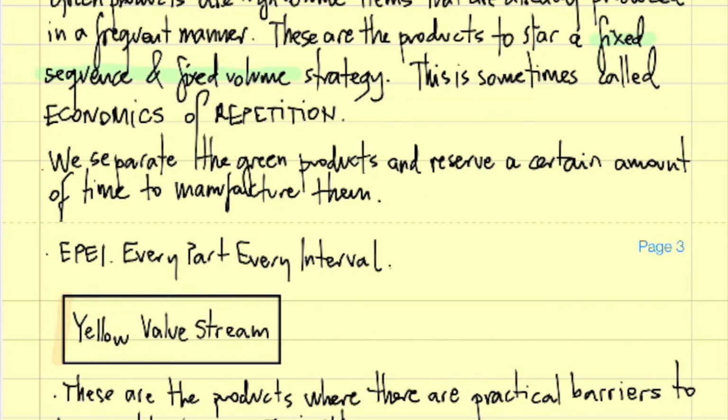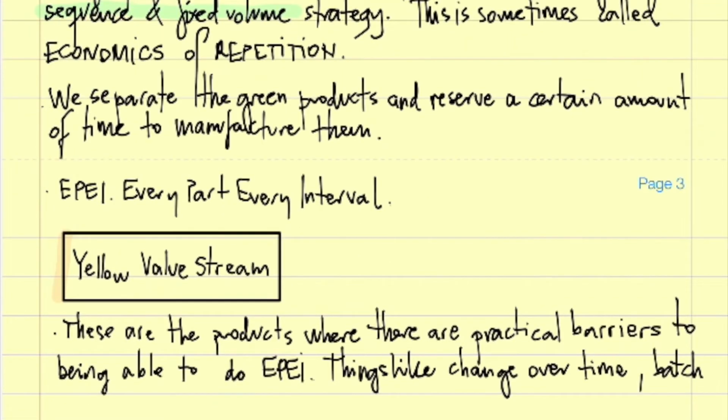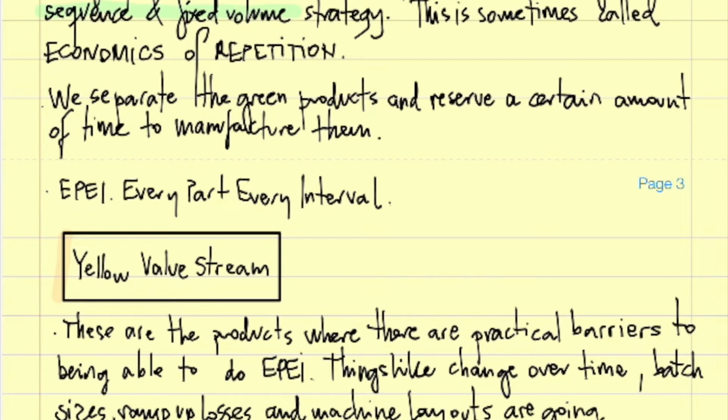Things like change over time, batch sizes, ramp-up losses, and machine layouts are going to slow us down.